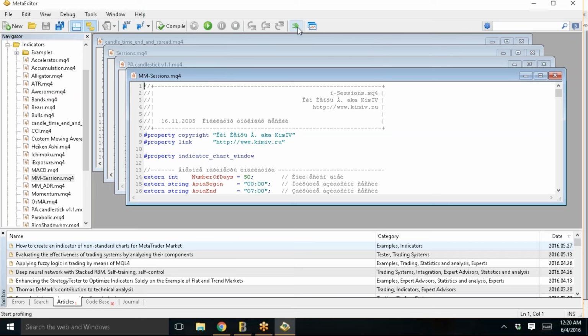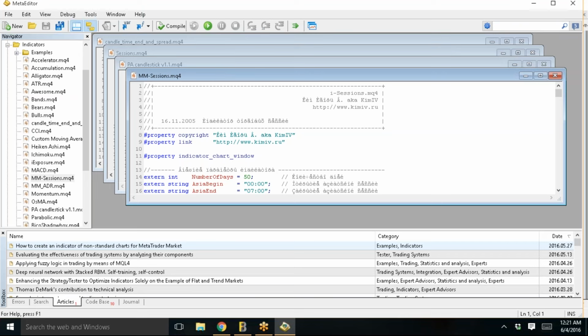I'm not going to hit it because I already have this indicator, but you'll hit it, and then it will start profiling. It will come up as if it's going to load the indicator, and all you do is hit OK, and then a new chart will pop up. Close that out and come back to your Meta Editor, and you can close this out. Whatever indicator that was, you're good to use it.